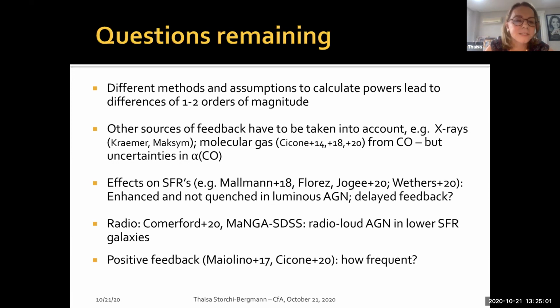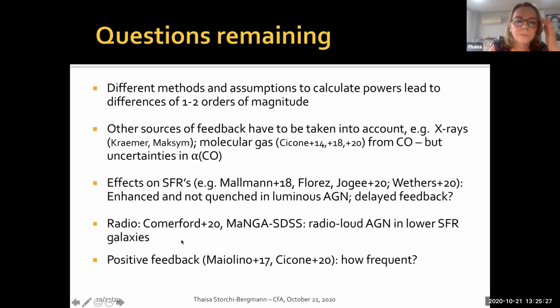And regarding the effects on the star formation rate, many papers have been finding that the star formation rate in AGN hosts seems to be enhanced and not quenched in luminous AGN. So it looks like the feedback, if present, is maybe delayed. It's not happening at the same time as the AGN is luminous.